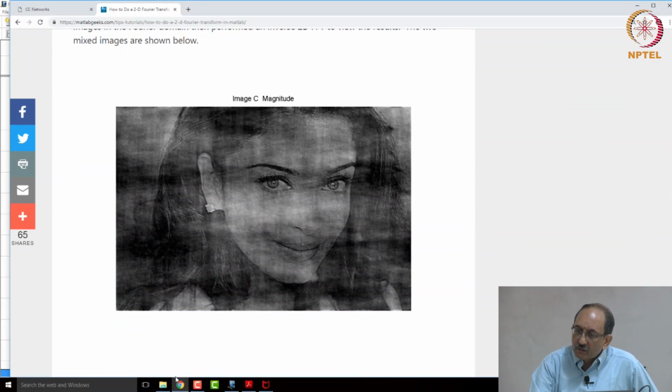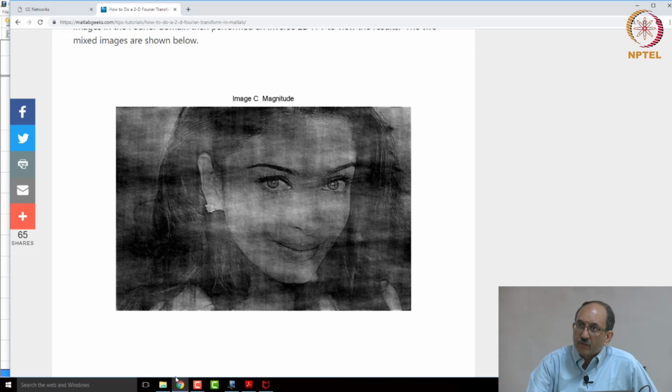okay, so this is the image C magnitude, alright, and clearly you are able to recognize this as the face, the second image, but notice that this has been obtained by taking the magnitude of the first image, which is the church, and the phase component is coming from the second image, and it has been inverse Fourier transformed, and this is what you see, and clearly this is very close to the image from which the phase was taken.